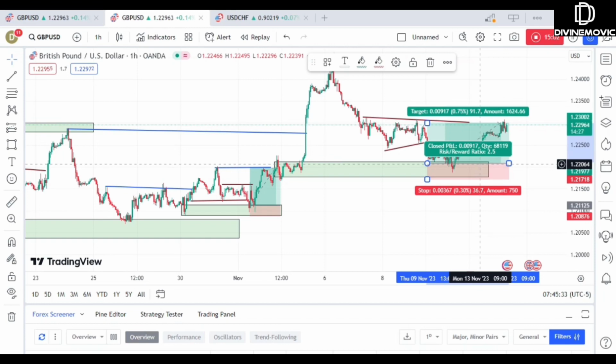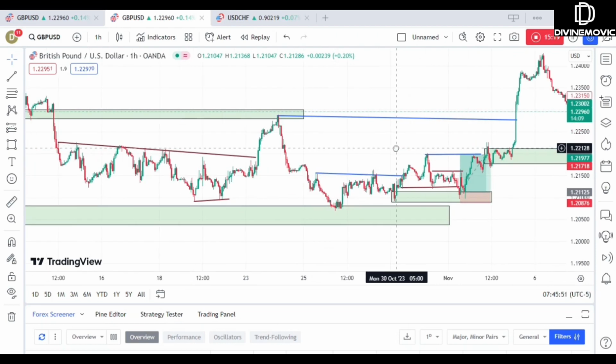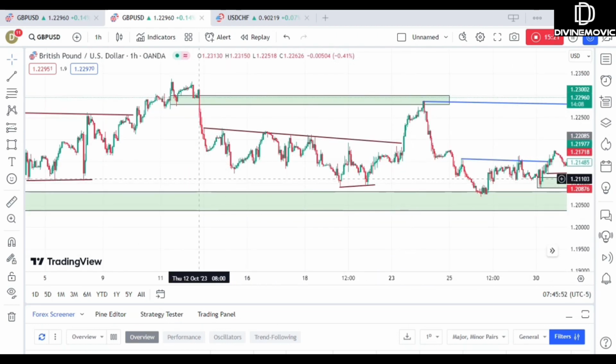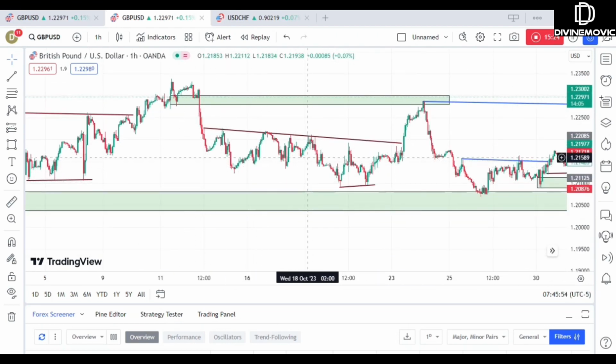To summarize the whole thing I've explained here, for you to have a very high probability point of interest, you need to see price engineer liquidity below or above the point of interest. The first one we explained, price engineered liquidity above the point of interest caused by the change of character here. Price engineered liquidity, both buy side liquidity and sell side liquidity.